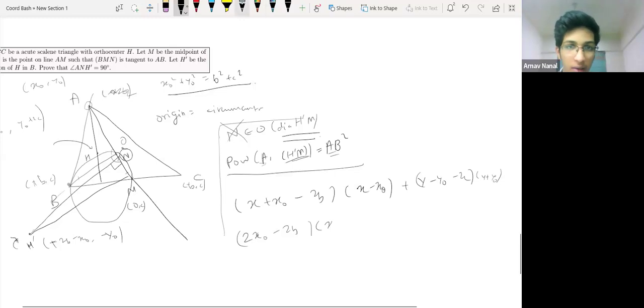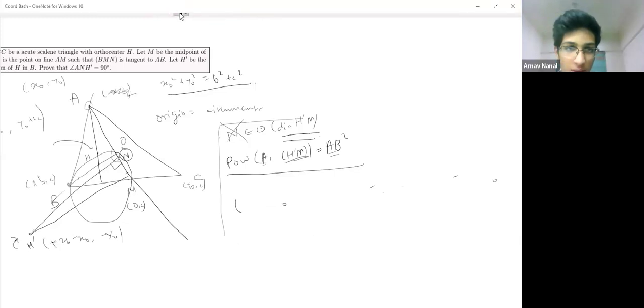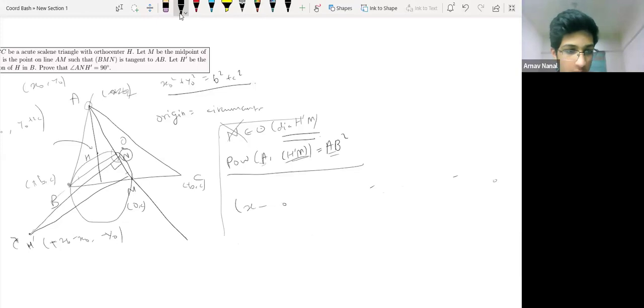Oh no, oh wait, why did I take h as dash? Sorry. This is to be x minus x naught plus 2b into only x plus y plus y naught into y minus c.